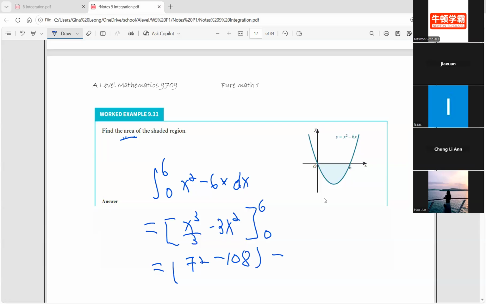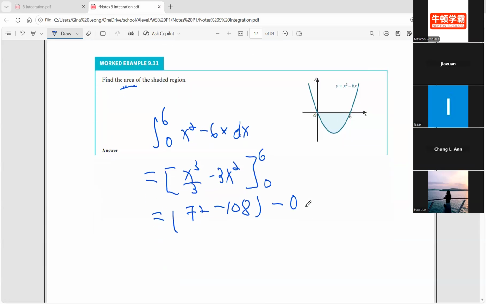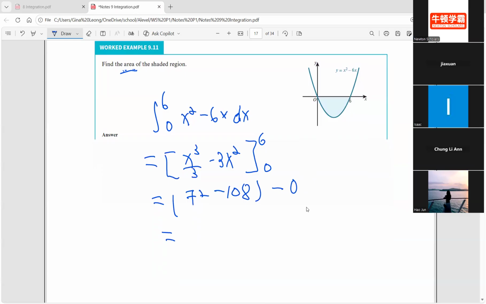Minus this 0, you put inside, you still get 0, so that one we don't need to care. Then after you minus it, you will get negative 36. What is that negative? This is a negative unit. Because it is an area, you straight away write down 36 units. No negative. The negative only represents where the region is.